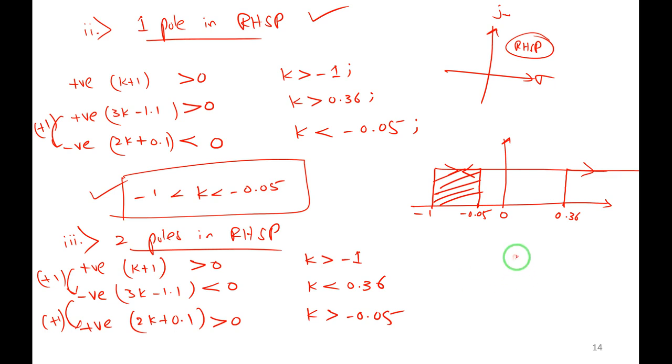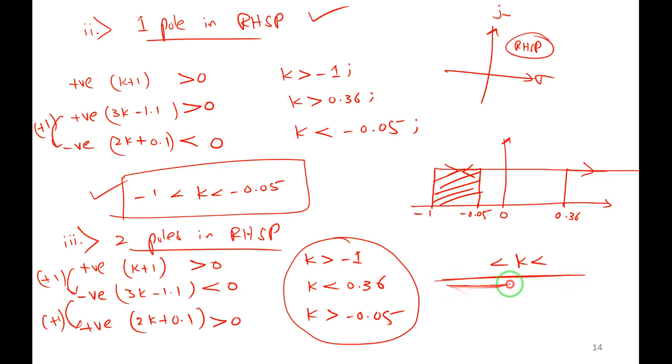So what is the range of k? Can anyone tell? By looking at all these values, what is the range of k? This thumb rule I told already. Plot it. So 0 is here, minus 0.05, then minus 1, then 0.36 will come here.